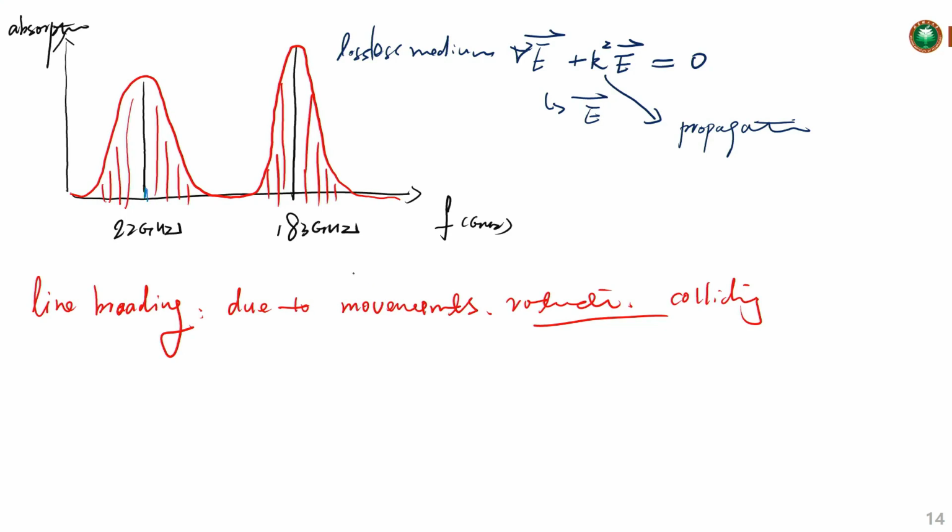However, when we transfer to a lossy medium, we use another parameter to represent it, right?